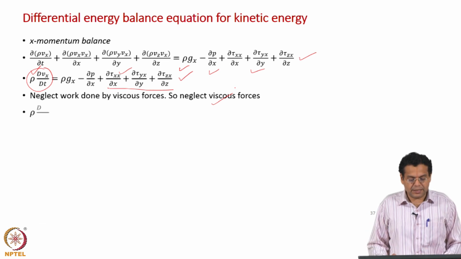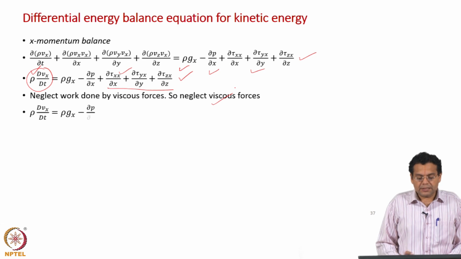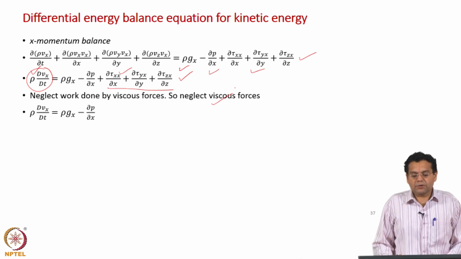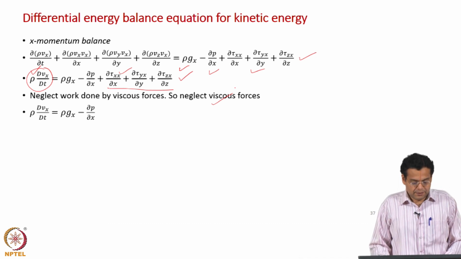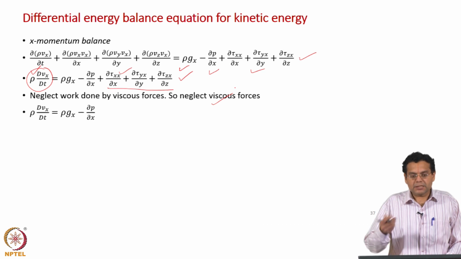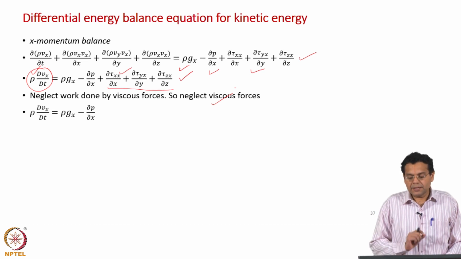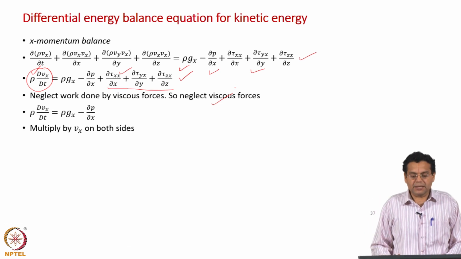So, let us write down that linear momentum balance equation excluding the viscous forces on the right hand side, and that is nothing but our Euler equation. So, we have taken the linear momentum balance equation expressed in the material particle viewpoint, neglected viscous forces, and got the Euler equation. Now, what we will do is multiply by Vx on both sides.